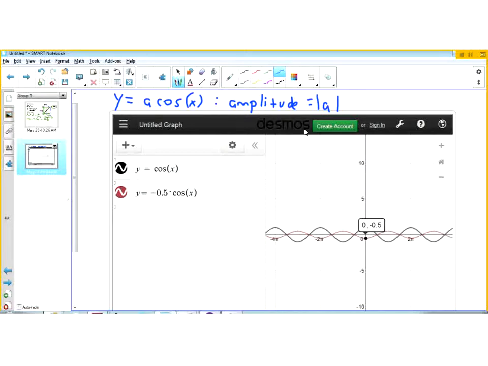Okay, now let's talk about horizontal stretching. That's an interesting topic for trigonometric functions. Let me get rid of this red curve. We'll go back to the original black curve. Now, a horizontal stretch is achieved the same way as we did with algebraic functions.